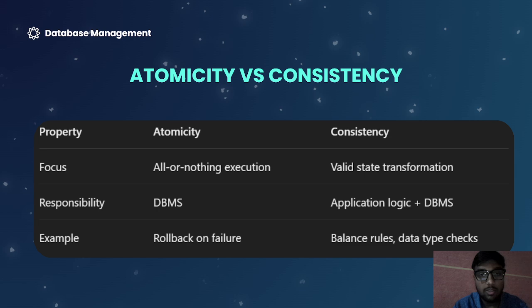The responsibility for atomicity is the DBMS. For consistency, the responsibility is on both application logic plus the DBMS. For example, in atomicity, the rollback of the ATM, which we have covered, and in consistency, balance rules and data type checks.